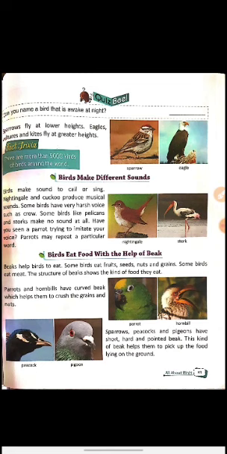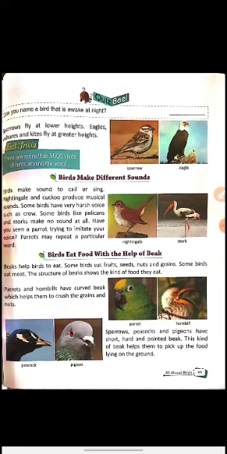Some birds have a very harsh voice, such as the crow. We do not like the voice of the crow, do we? No, we don't like it. Their voice is too harsh to hear. Some birds, like pelicans and storks, make no sound at all.